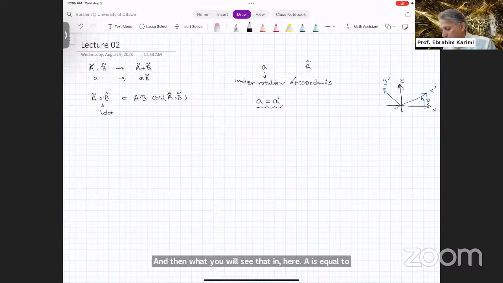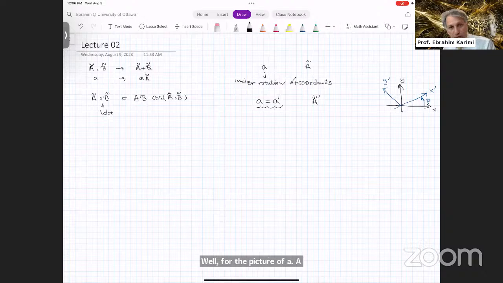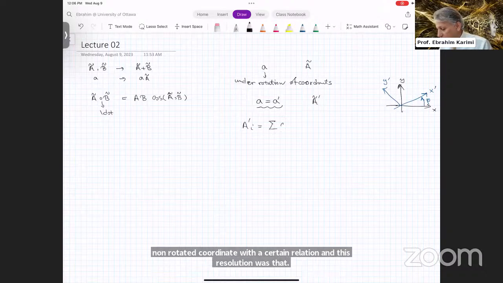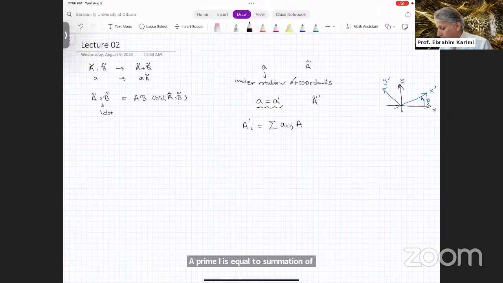For the vector, each component of a prime is linked to the components of the non-rotated coordinates: a prime i is equal to the summation of a_ij a_j, where j is the repeated index going from 1 to 2, 3, or n for n-dimensional space.